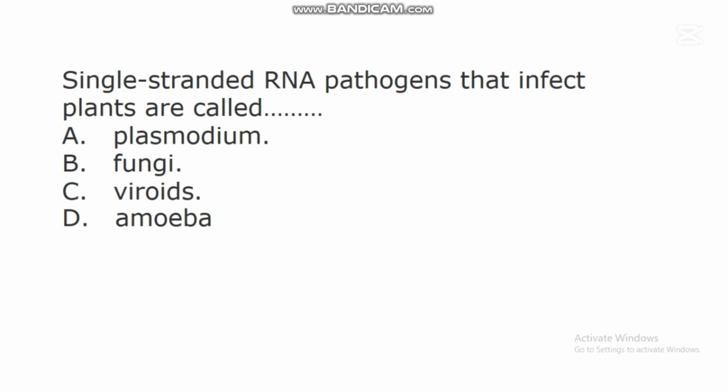In this question, the correct answer is C. Viroids. Viroids are single-stranded RNA pathogens that infect plants. These viroids are regarded as plant viruses because they are single-stranded RNA pathogens that infect plants in their environment.